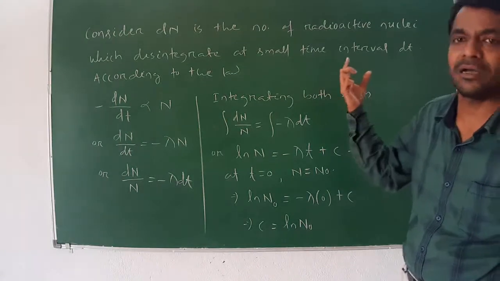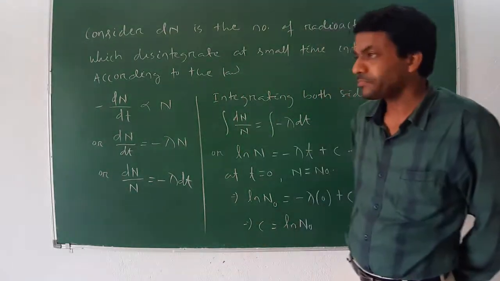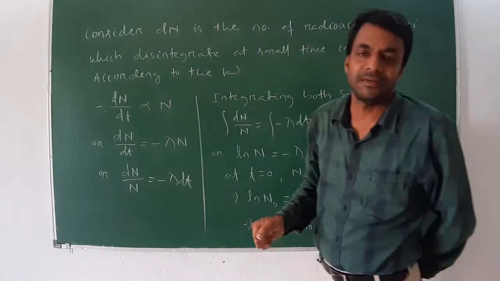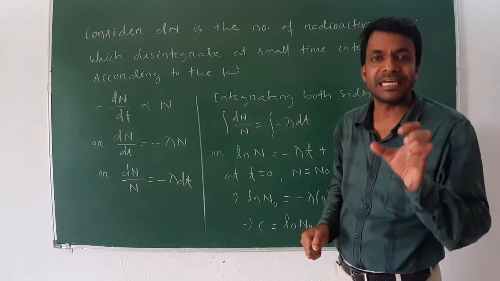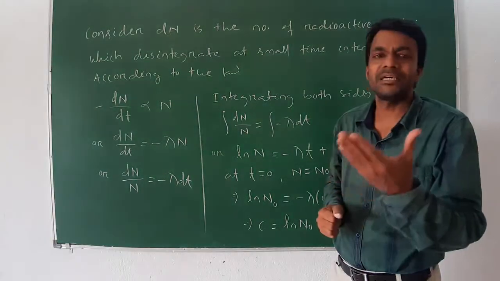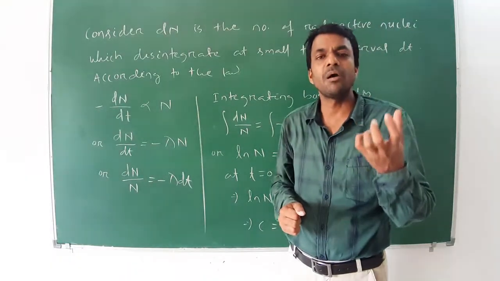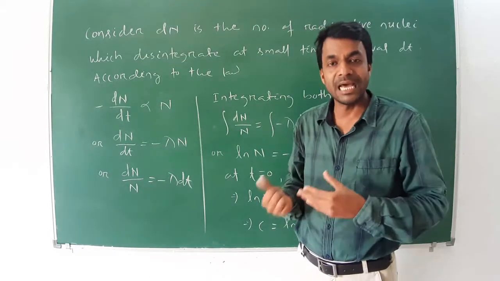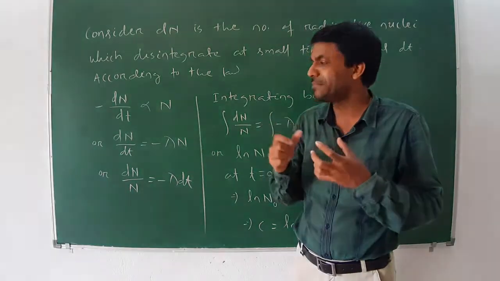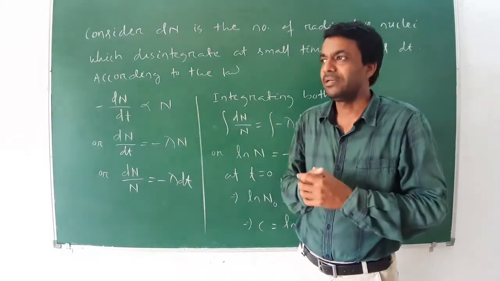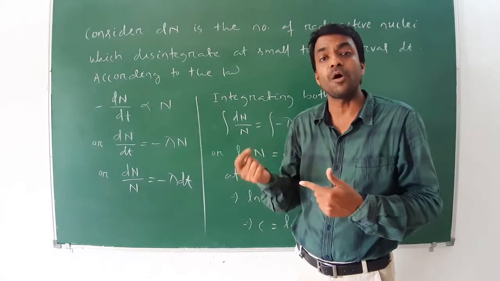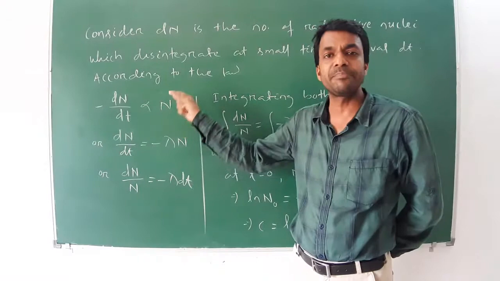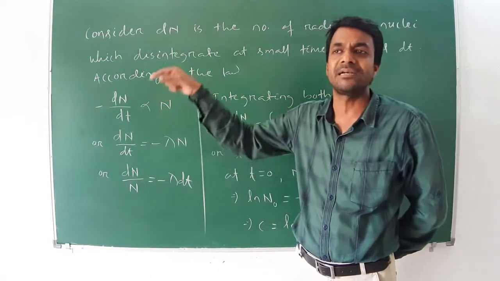Then according to the radioactive decay law, minus dN by dt is directly proportional to N. The negative sign indicates that with the increase of time, the number of undecayed nuclei decreases. Therefore, dN by dt is taken as negative. It is directly proportional to the number of undecayed nuclei at that instant, means N, the number of nuclei undecayed at that instant t.